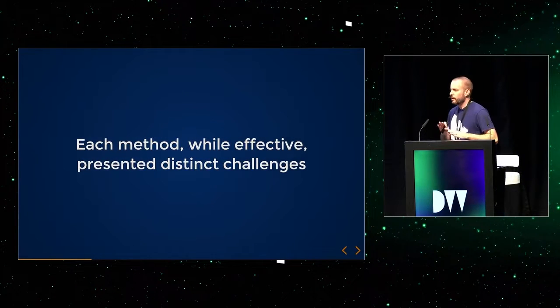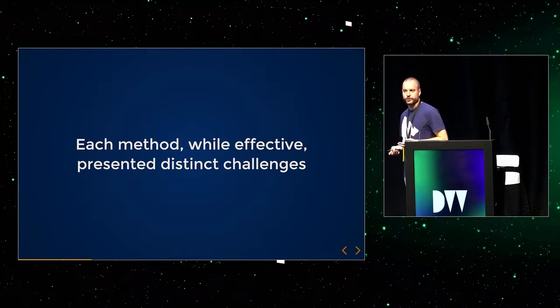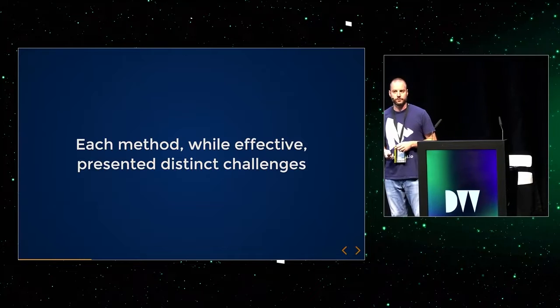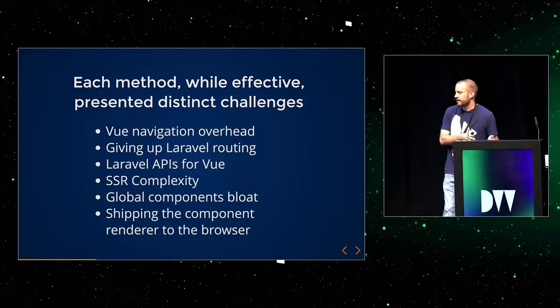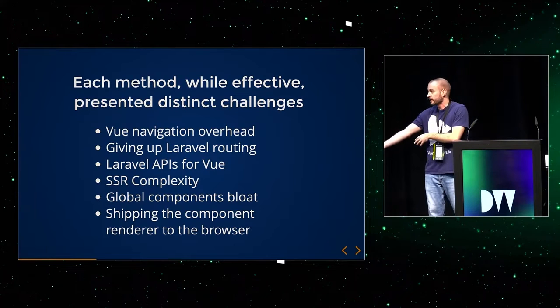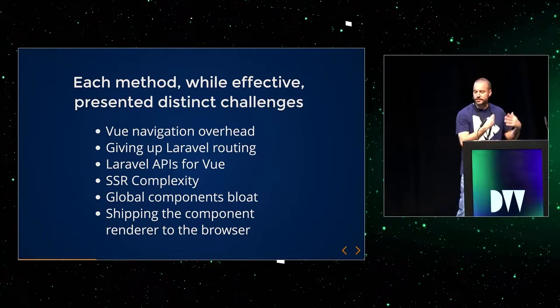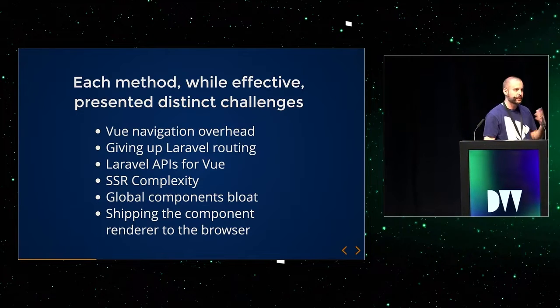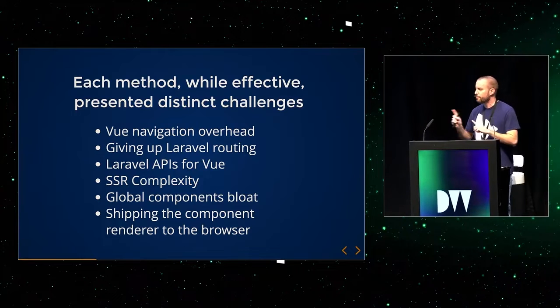Okay, so while each of these methods is effective to a certain extent, each of them presents its own distinct challenges. We've got the overhead of having to do routing on the Vue side with Vue Router, plus build up a Laravel API and get all of our REST endpoints created. So you have to do both things.